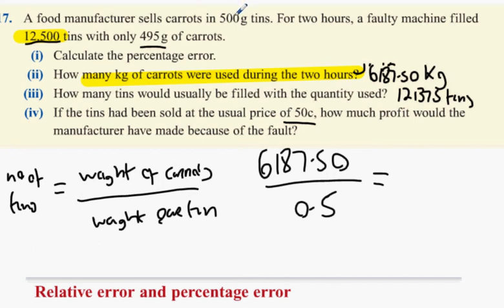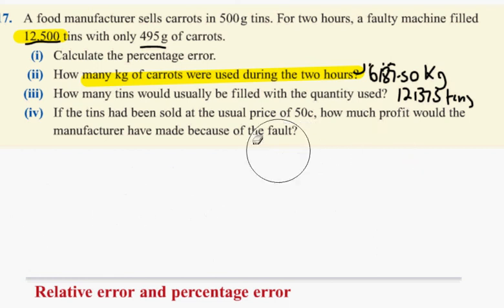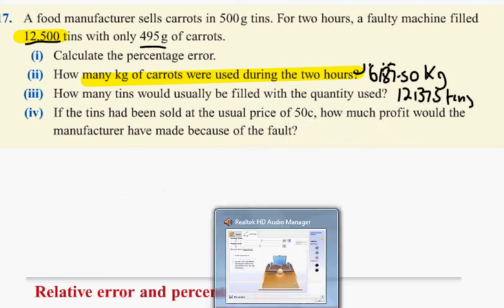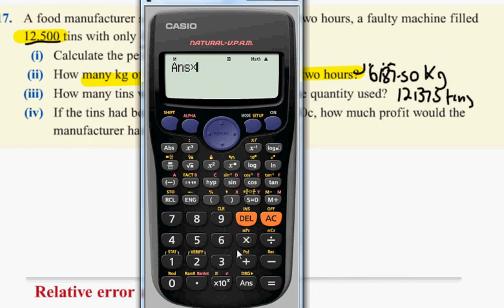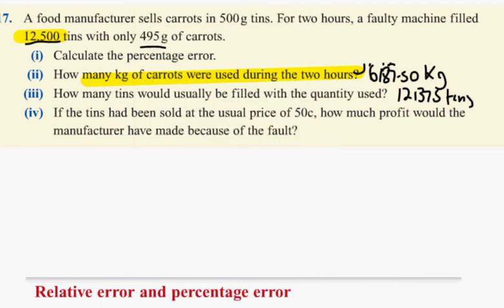We're going to sell 12,375 tins. Does everybody agree with that? So I'm going to multiply that number by 0.5 to tell us how much money we should have made, and the answer is 6,187.50 euro. That's how much money we should have made.